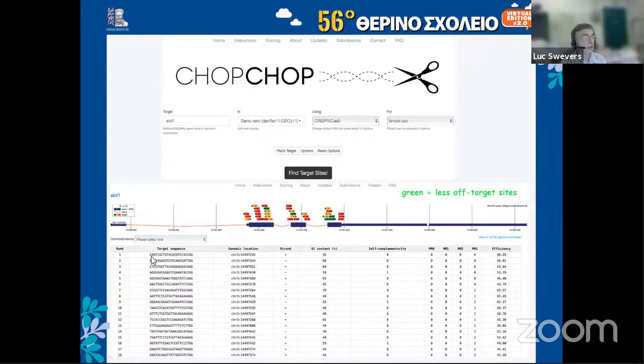And for this sequence, at least theoretically, there are no off-target sites with these specificities. However, this is all theoretical, of course, and even in practice, it's often observed that the CRISPR system, even if it's loaded with a specific guide sequence, can cause off-target effects. And I will discuss this a little bit.